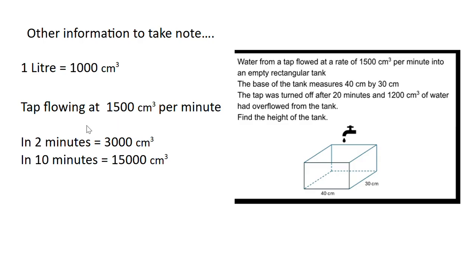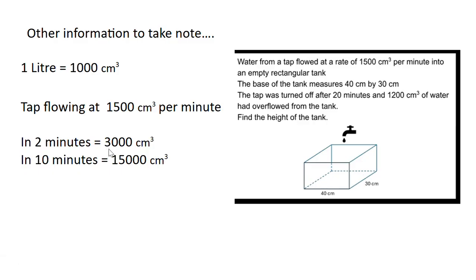Next, instead of telling you the volume of water in the container, they can add a little bit of complication by saying, for example, in this question, water from a tap flows at the rate of 1500 centimeter cube per minute into an empty tank. Okay, so it simply means that if you turn on the tap for one minute, it will contain 1500 centimeter cube.